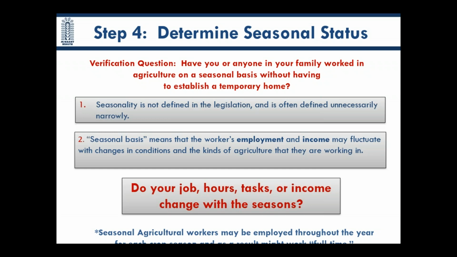All those fluctuations help you to determine what's considered seasonality. Also, ag workers can work year-round and be perceived as full-time employees, but are still considered seasonal if there's any type of change in their job responsibilities, tasks performed, hours worked, income earned. The fluctuation determines their seasonal status.